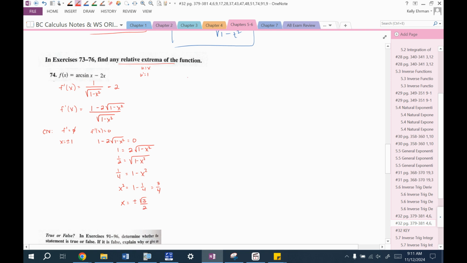Okay, so we have all kinds of stuff to put on a number line. So let's see. It's bothering me that was not more horizontal. All right. So I'm testing into this f prime. And let's see. Radical 3 is like 1 point something. So when you divide it by 2, the order of these numbers goes negative 1, negative radical 3 over 2, positive radical 3 over 2, and then positive 1.